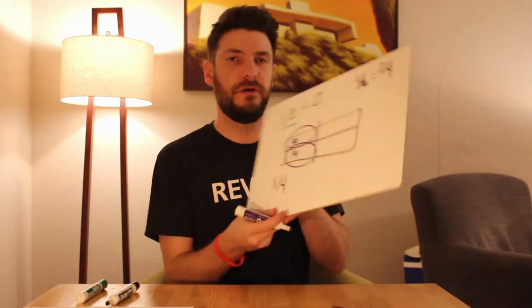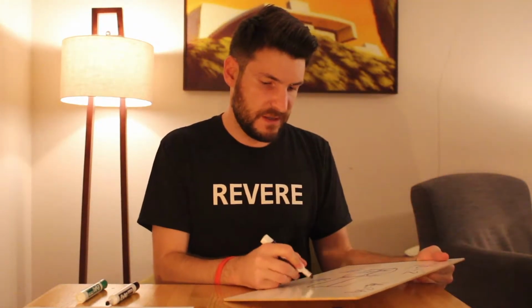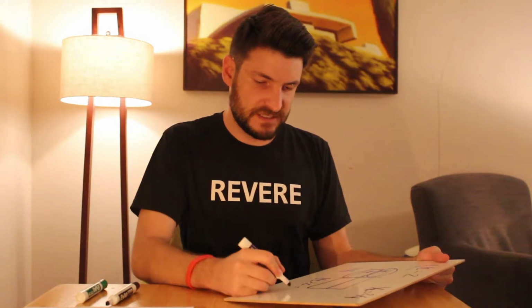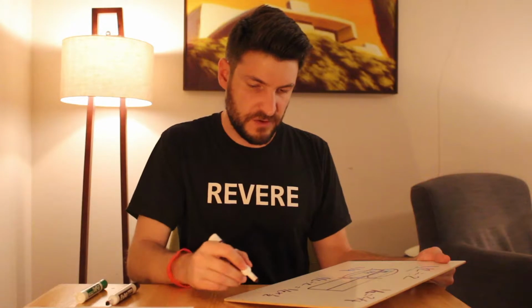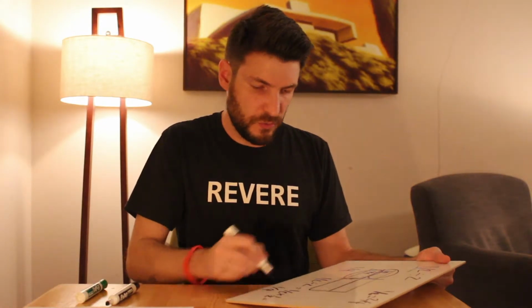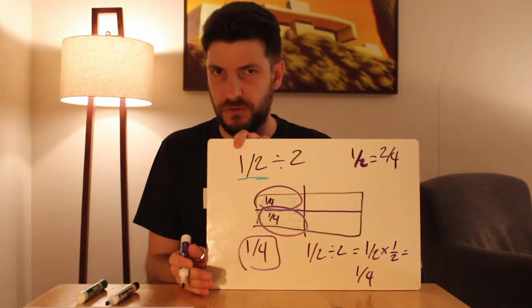My answer is going to be 1/4, because there's 1/4 in each group. And let's check our work just to make sure. 1/2 divided by 2 is the same thing as 1/2 times 1/2, which equals 1/4. So my answer is 1/4.